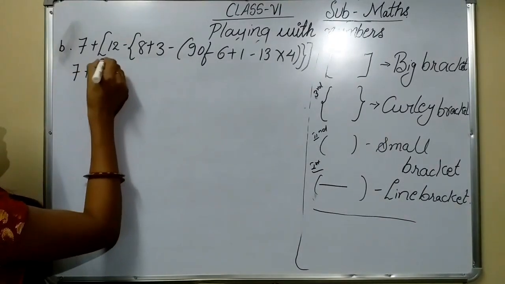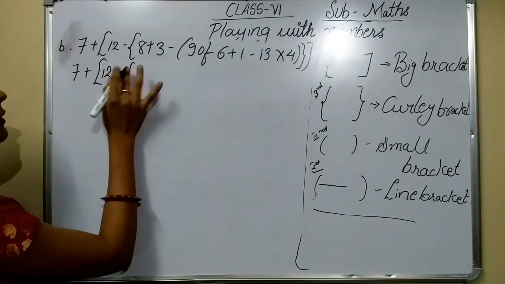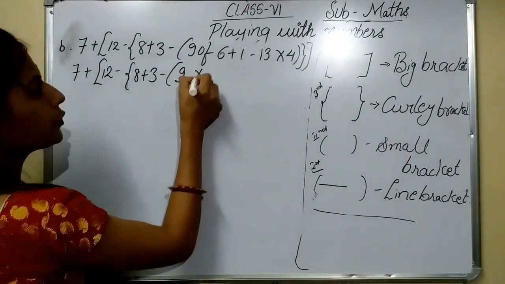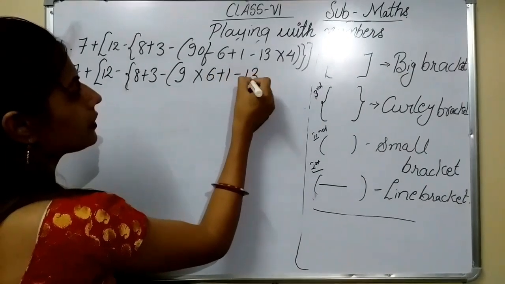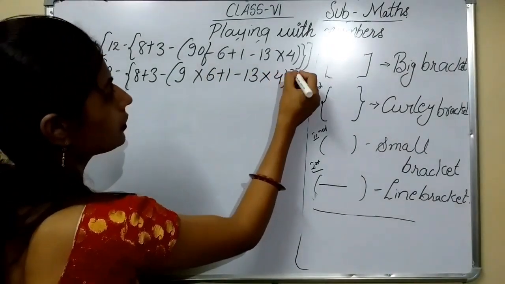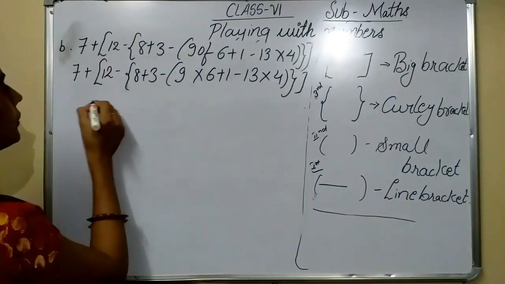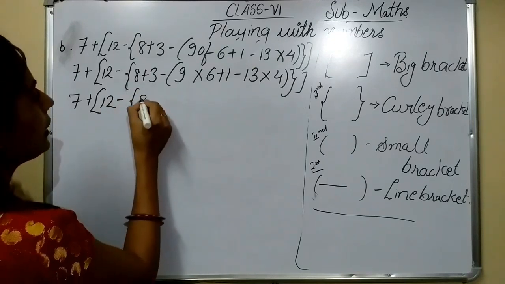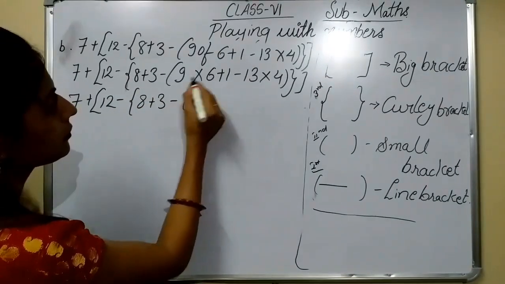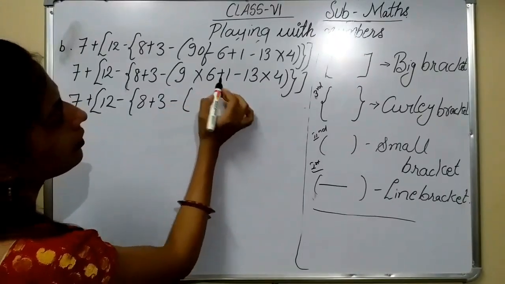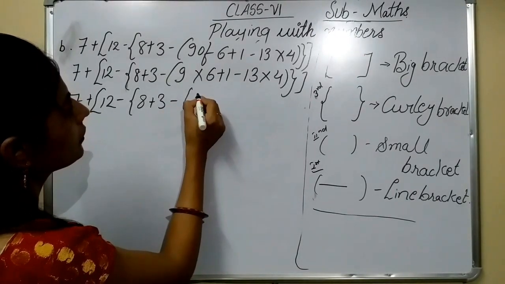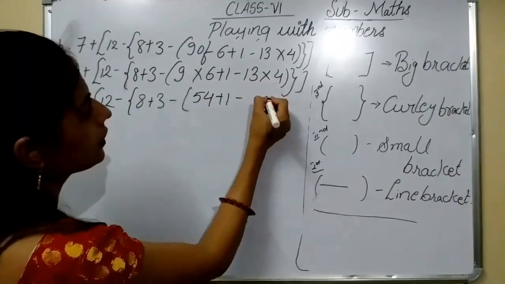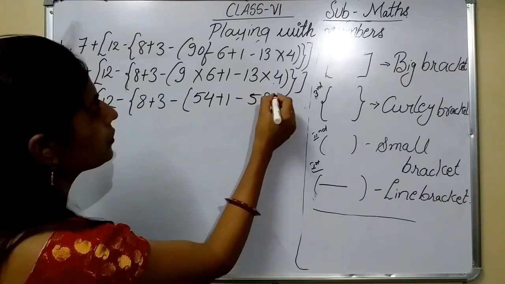Now 7 plus 12 minus 8 plus 3 minus 9 into 6 plus 1 minus 13 into 4, curly bracket, then big bracket. First of all, multiply this: 9 into 6, 54 plus 1 minus 13 into 4, 52.